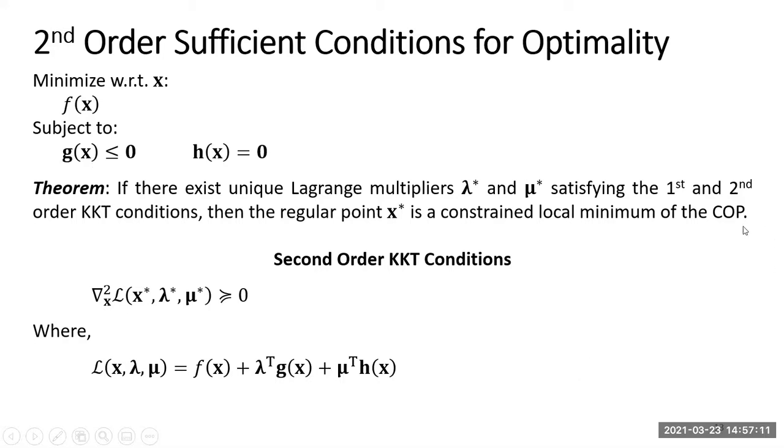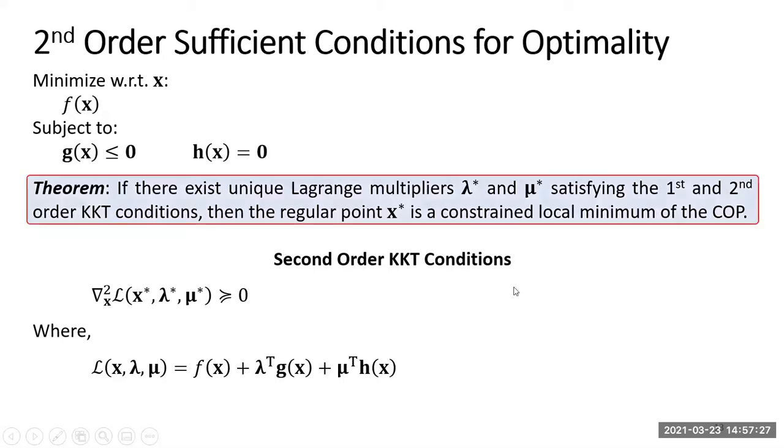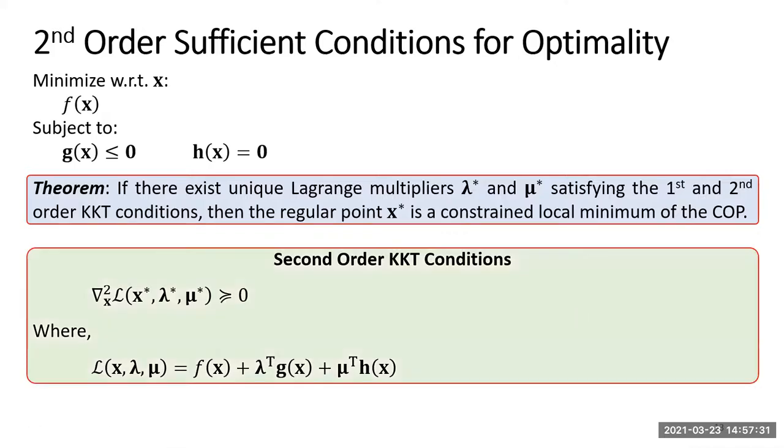And now for a constrained optimization problem, with the constraints, instead of the objective function, we have the entire Lagrangian, and its Hessian must be positive semi-definite. So this is another important theorem, and this is the set of second order KKT conditions.